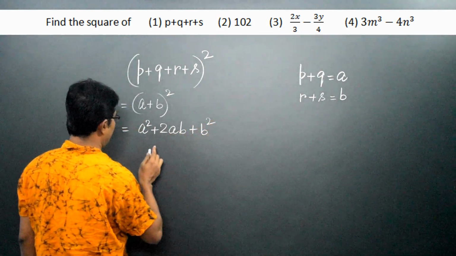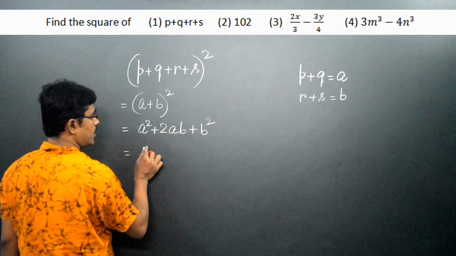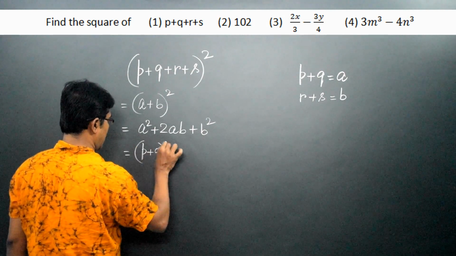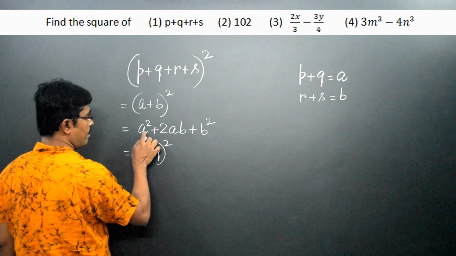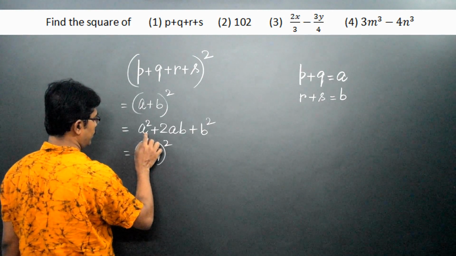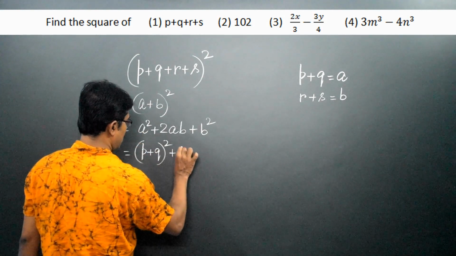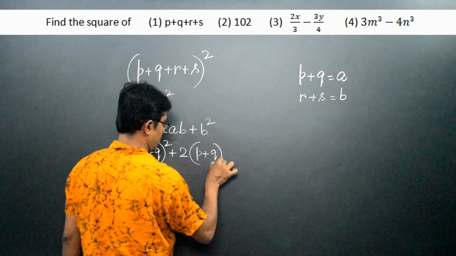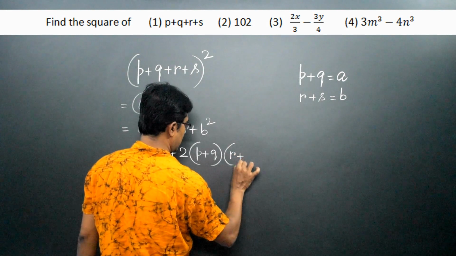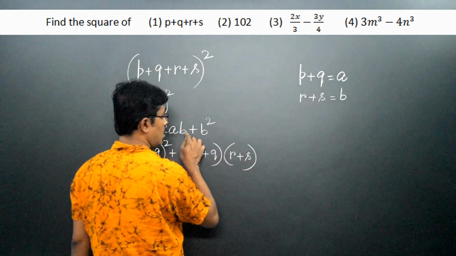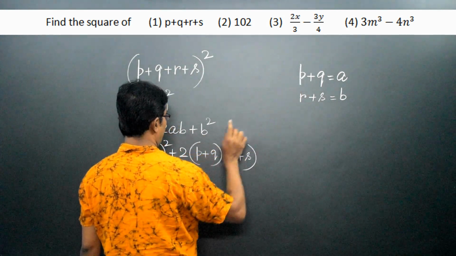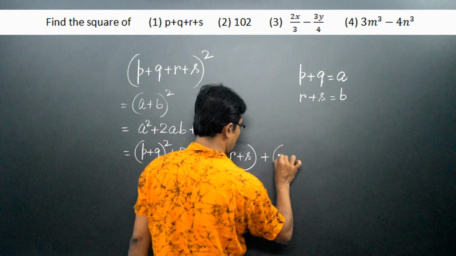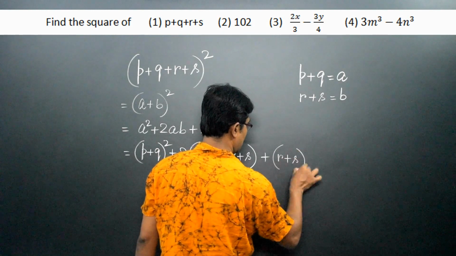Now put the values of a and b. So it becomes (p plus q) whole square, as the value of a is p plus q, plus 2 into (p plus q) into (r plus s), as the value of b is r plus s, and here b square, that is (r plus s) whole square.